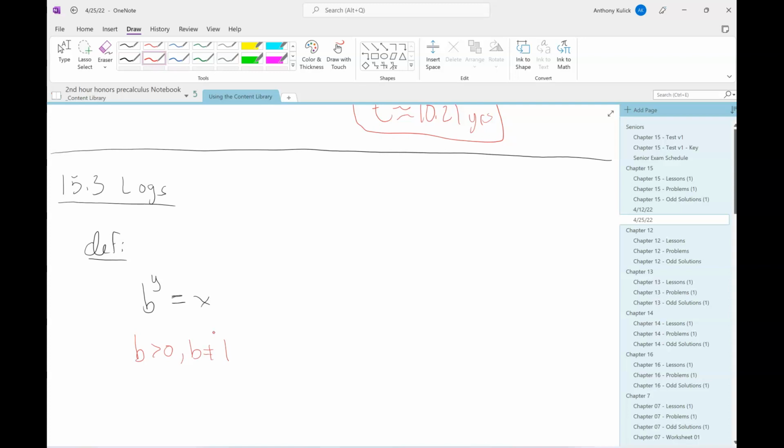Again, that was a before-break detail that is important, so we're mentioning it again. If b is a positive number and I raise it to some power, what does that imply about the answer? A positive number raised to some power, what can I say about the answer? It has to be positive. Everybody agree with that?